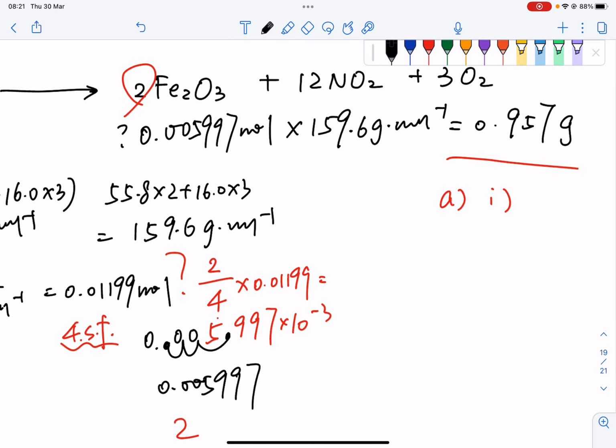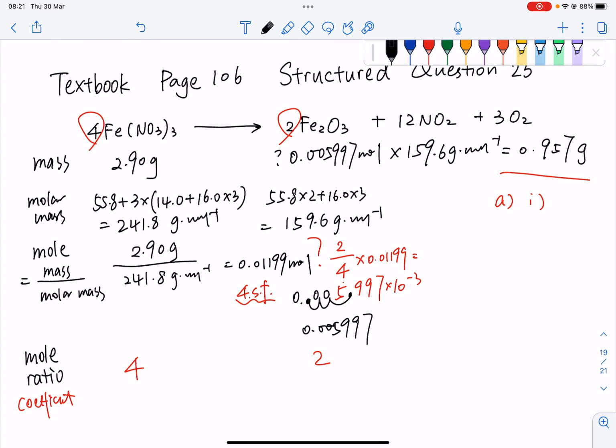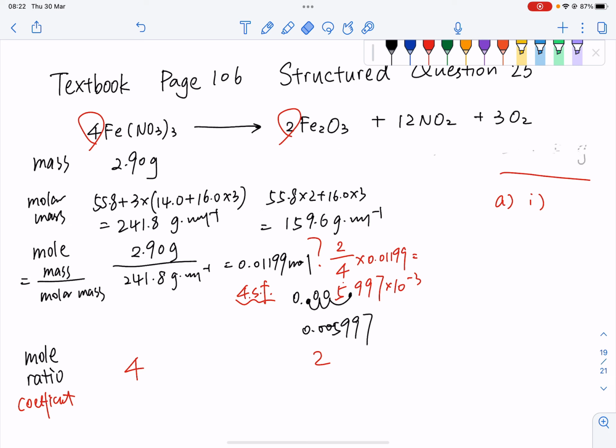This is a little bit messy, so let me erase the first part that you have copied down.